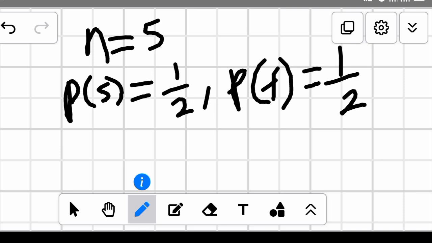So now the question says that a fair coin is tossed 5 times. What is the probability of getting success 3 times? So the probability of getting success 3 times is distributed across these 5 trials.